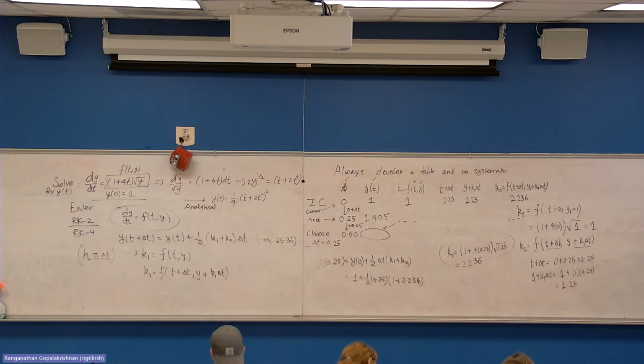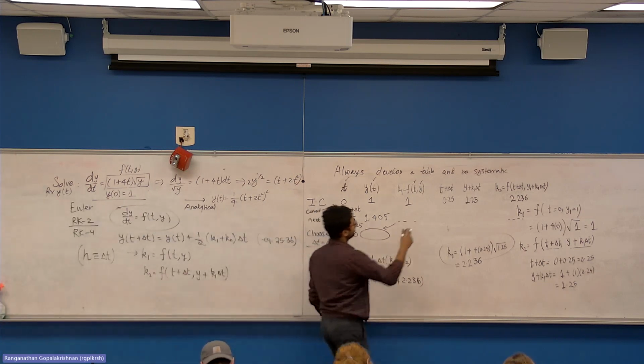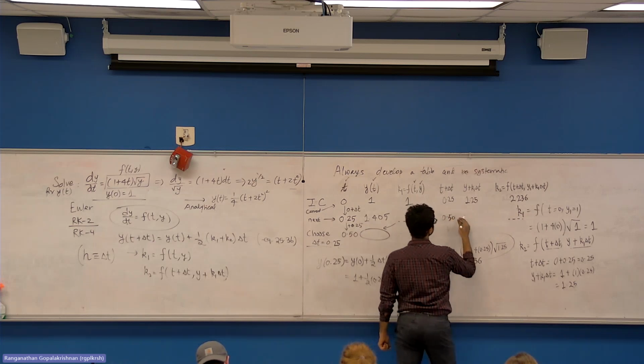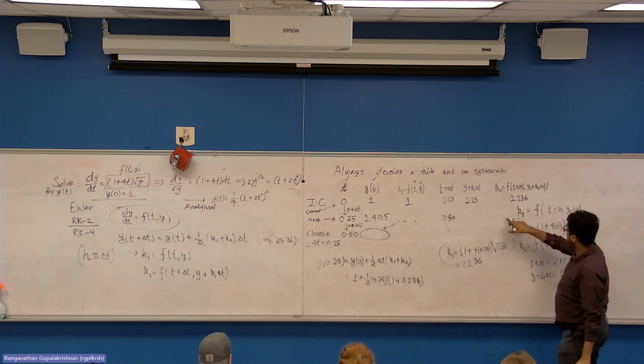Anybody has a value for, I mean, you can also tell me the values for what is K1, t plus delta t, that is 0.50, and then K2.